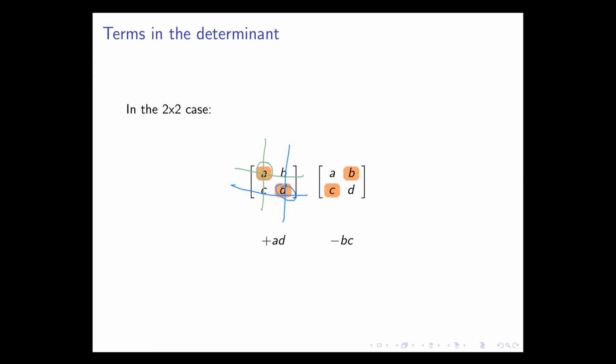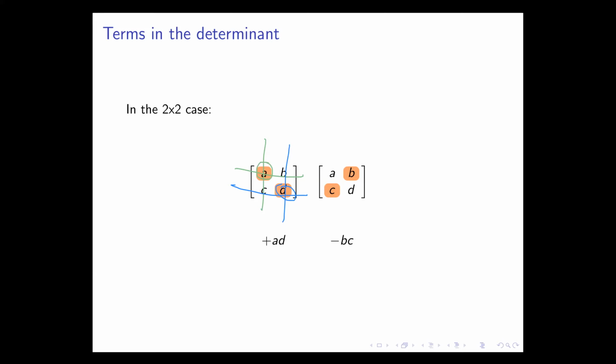Another way is that we take element C. So first we picked the first element in the first row, A, and then the only element left was D, because we need to take an element not from the first row and not from the first column.